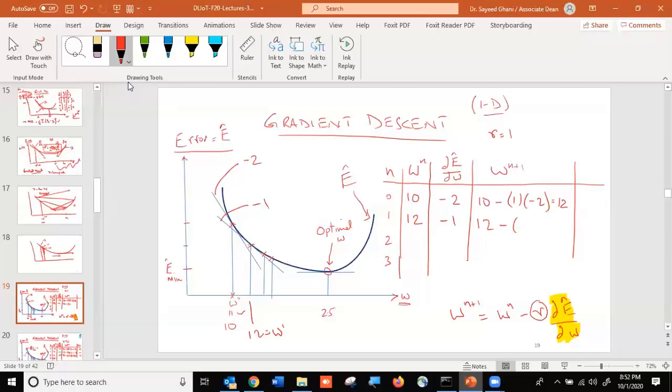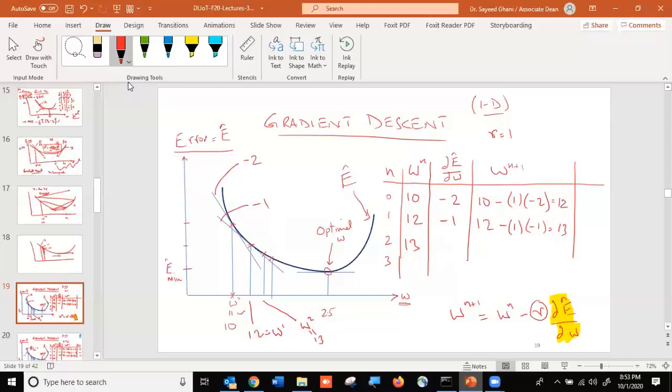The answer is right, just the steps were wrong. So 12 minus 1 times -1 becomes 13. And this is now W2, which is equal to 13.